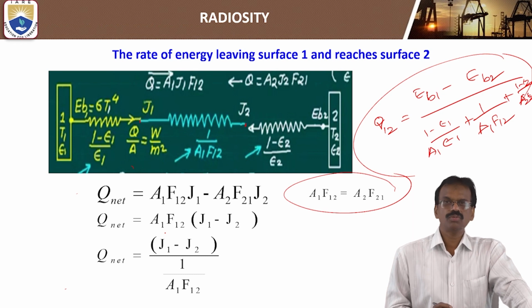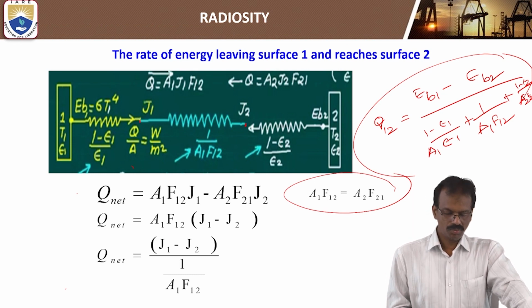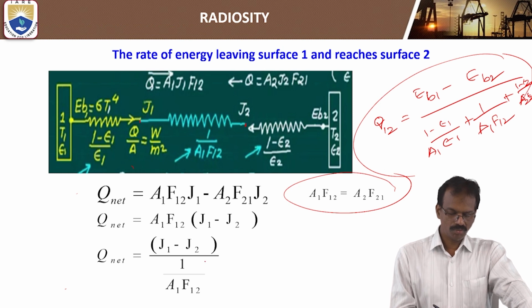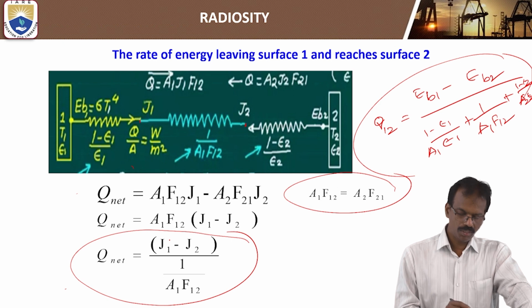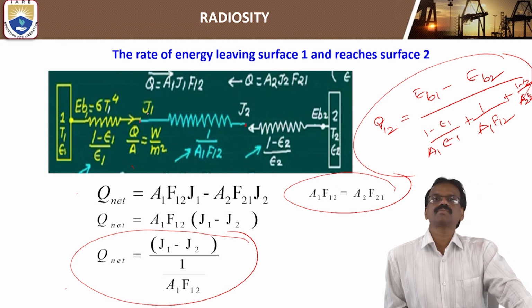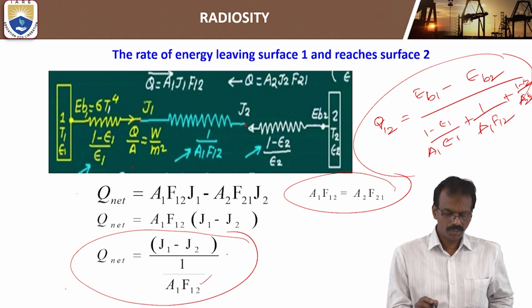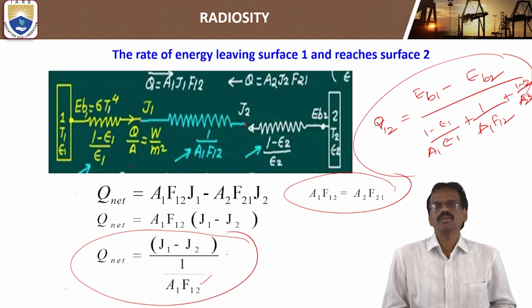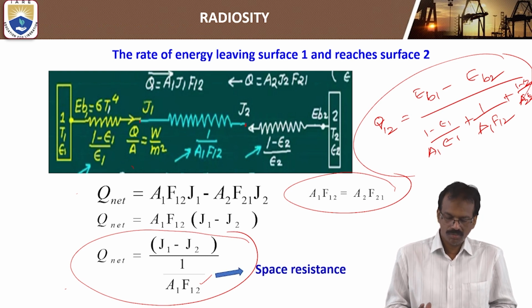So Q net is equal to A1 F12 into (J1 minus J2), just like Q net is equal to (J1 minus J2) by 1 by A1 F12. So this is Q net with respect to radiosities. With respect to radiosities, here we will consider only the space resistance. This is called space resistance.